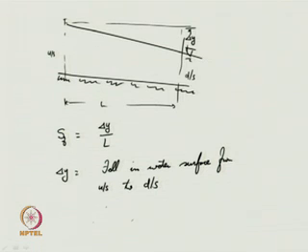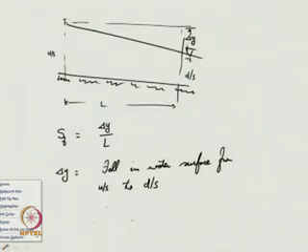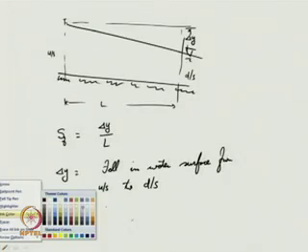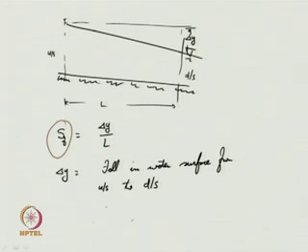Okay. Now, based on this particular value of slope, you can evaluate and give a first approximation for the discharge in the entire channel reach.